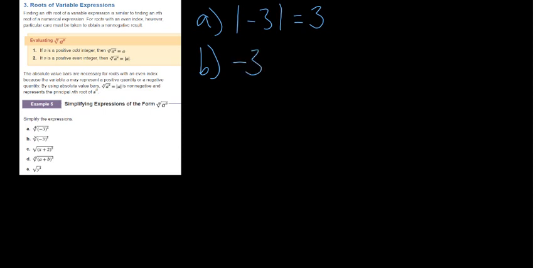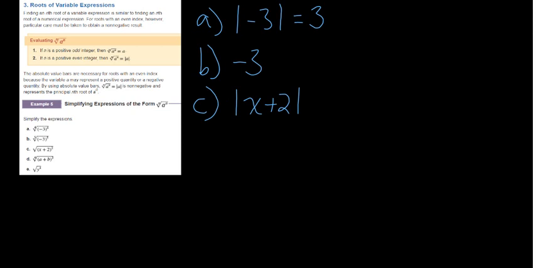Okay, C is where the absolute value stuff gets a little more tricky. In A, we had the absolute value of -3, and we know the absolute value of -3 is 3, right? Well, for C, notice we have an even index, and the radicand inside is raised to the second power. So we would say the absolute value of x plus 2, because the index and power are even.